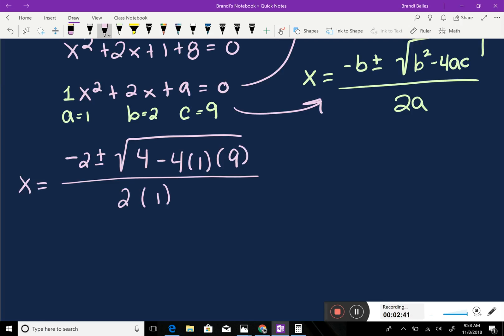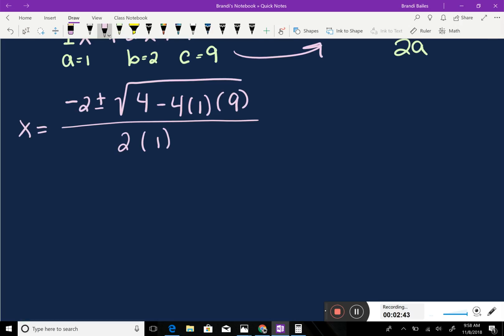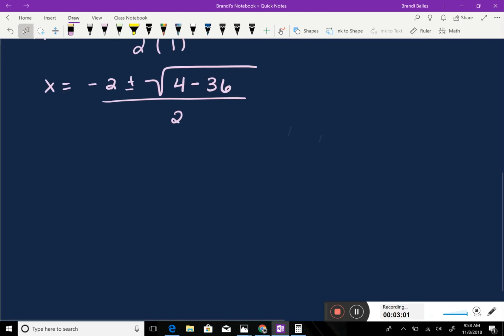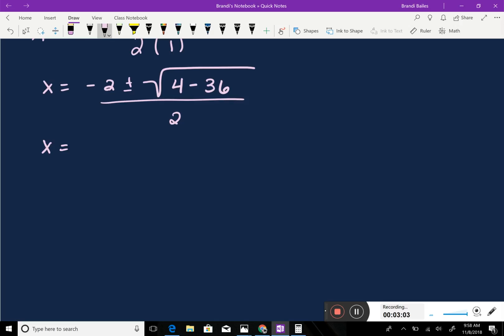So x is equal to all this, and now we just need to start simplifying. x is equal to negative 2 plus or minus, I've got 4 minus 4 times 9, which is 36. So 4 minus 36, all over 2 times 1, which is just 2. So that will give me x is equal to negative 2 plus or minus the square root of 4 minus 36, which is negative 32, all over 2.